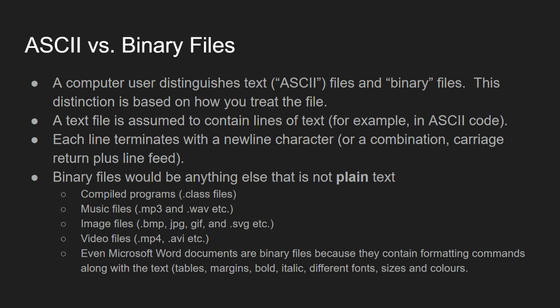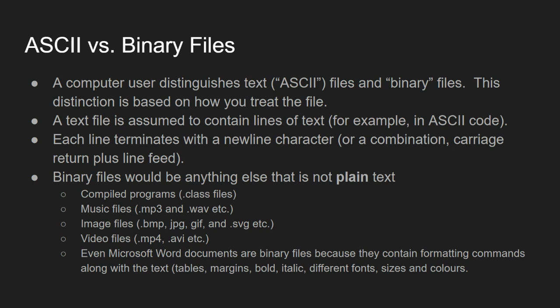So the difference is that binary files are not just text. If we're talking about a text file, we're talking about something that's just letters and numbers, but not coded information. So let's just say it would be something that you could open up in Notepad and read.